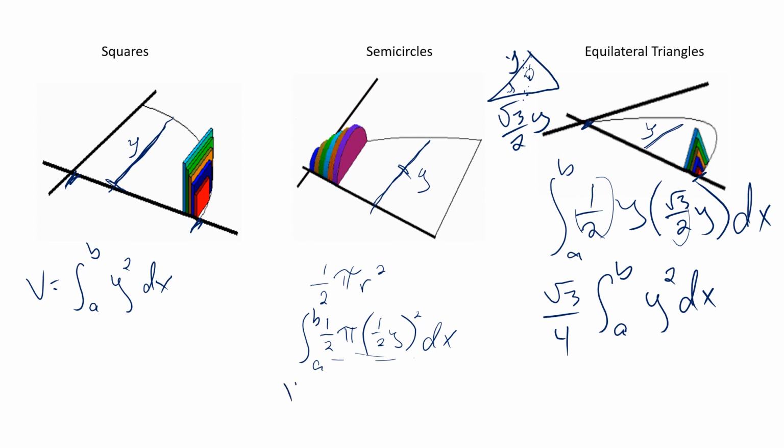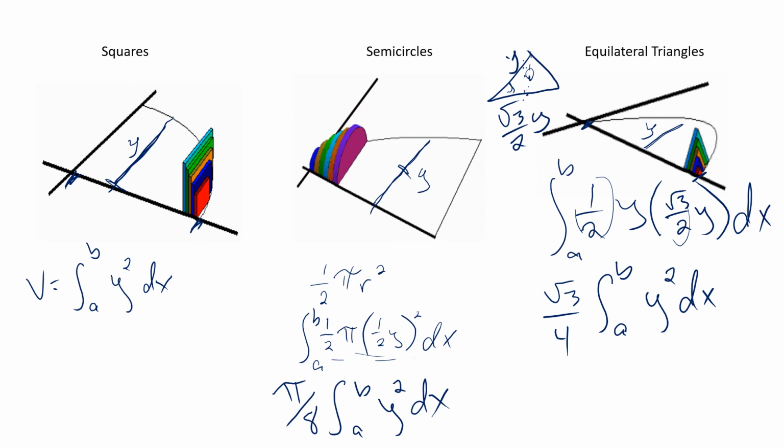This could be pi over 8 times the integral of a to b of y squared dx. So a semicircle is pi over 8 of the squares. Equilateral triangles is root 3 over 4 of the squares. And so they can actually all tie back to the squares if you simplify it. Just with the way this type of problem works, that happens.